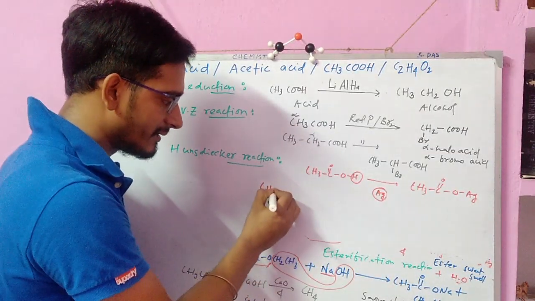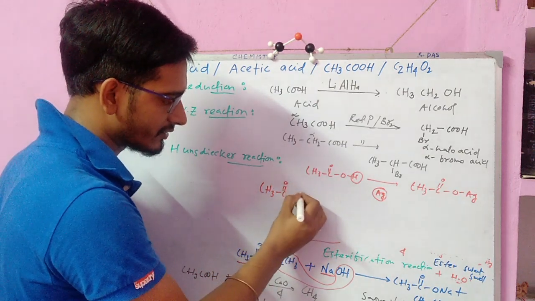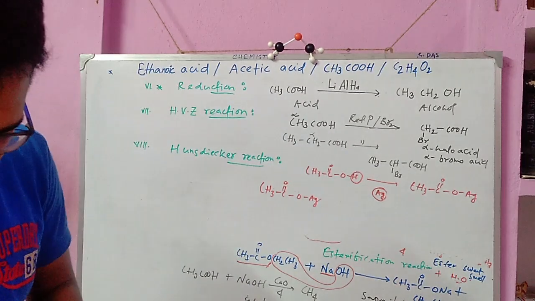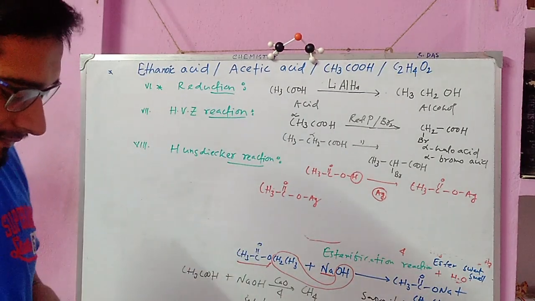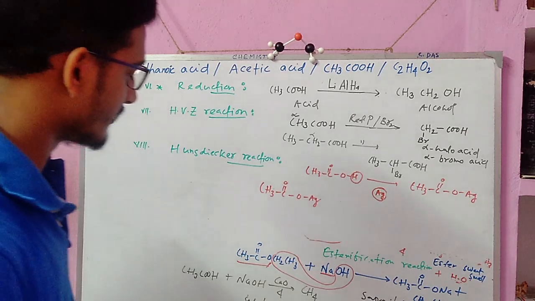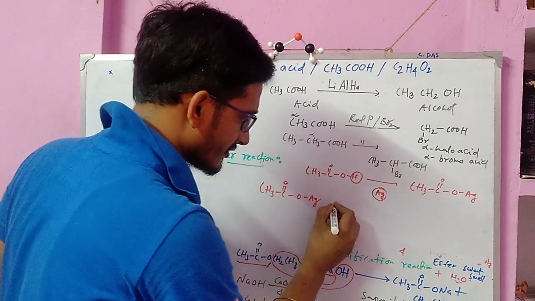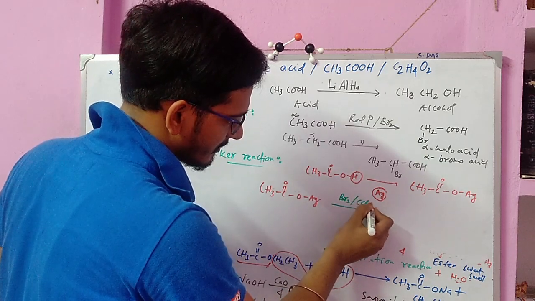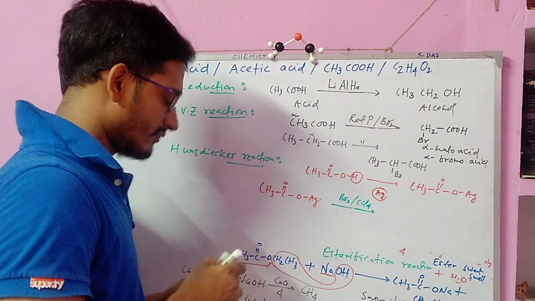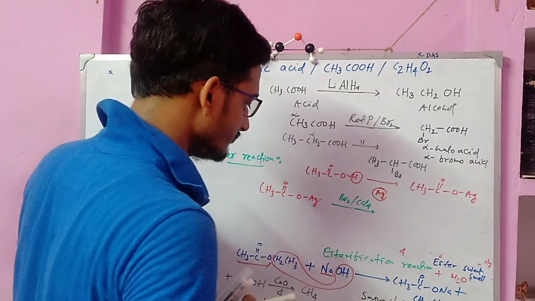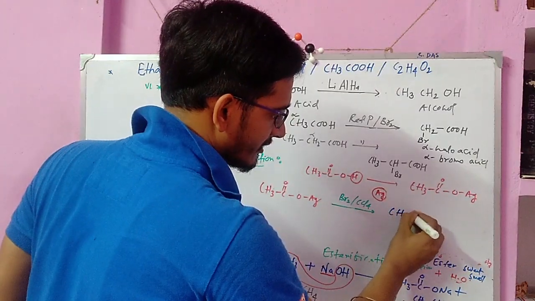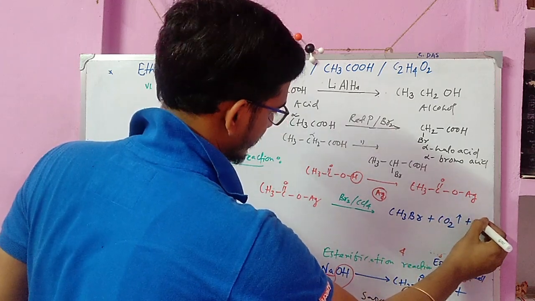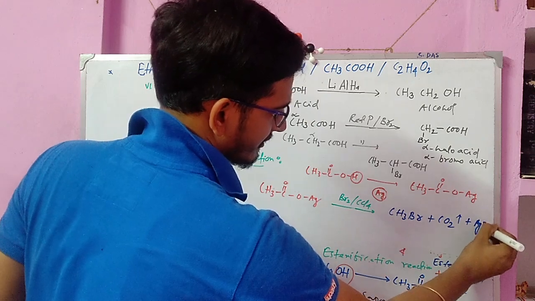When this silver salt of acetic acid, the silver salt of carboxylic acid, is treated with bromine, Br2, in presence of carbon tetrachloride, it will form CH3Br plus carbon dioxide gas plus AgBr.